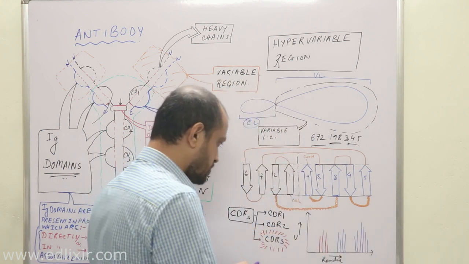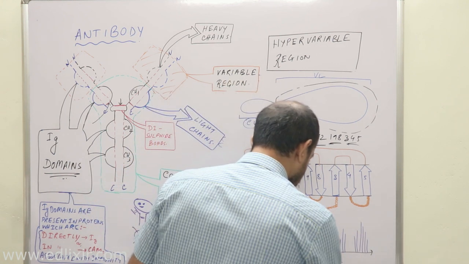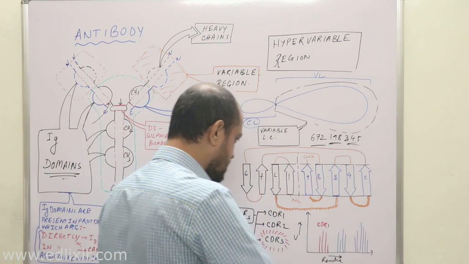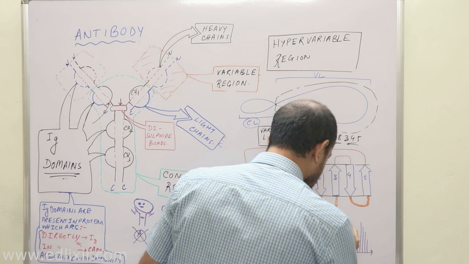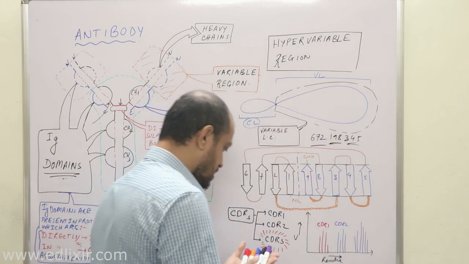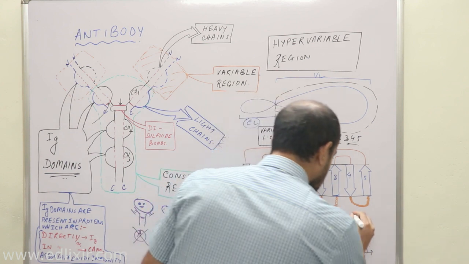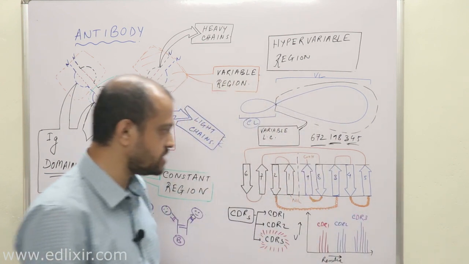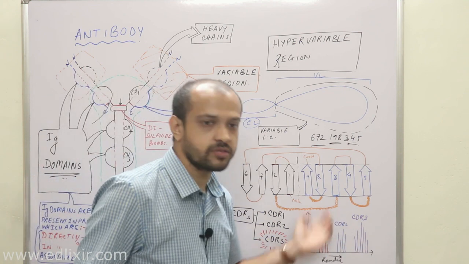Now listen, suppose the red one is CDR1, the blue one is the graph of CDR2, and the violet one is the graph for CDR3. Now can you tell me, just looking at these graphs, which is the most variable region?